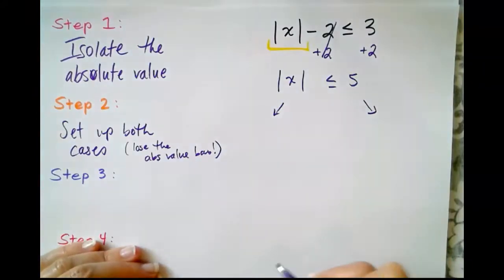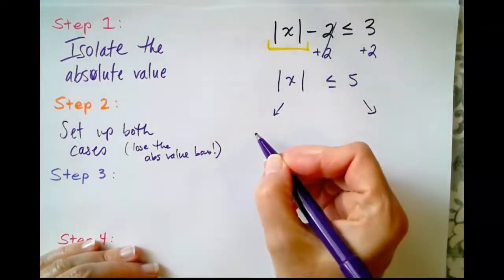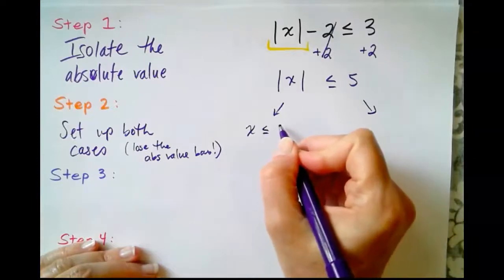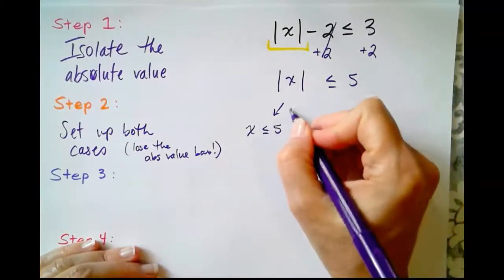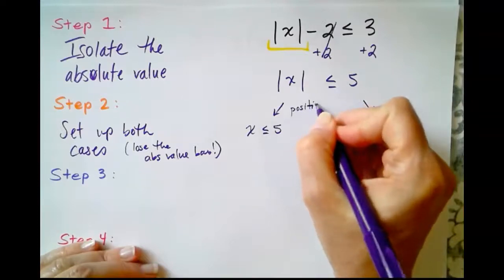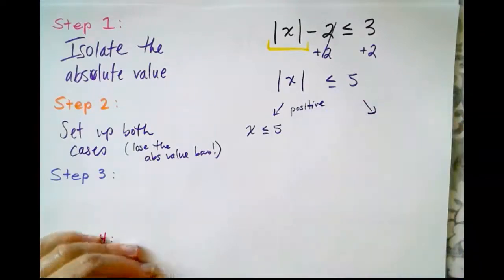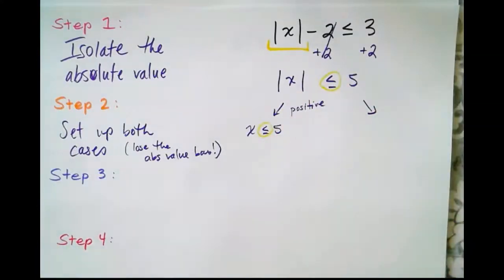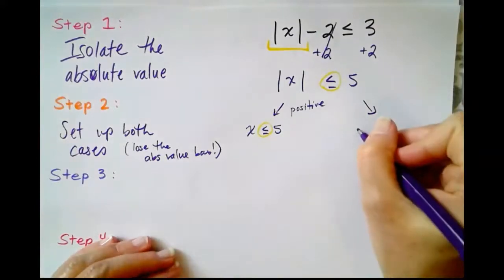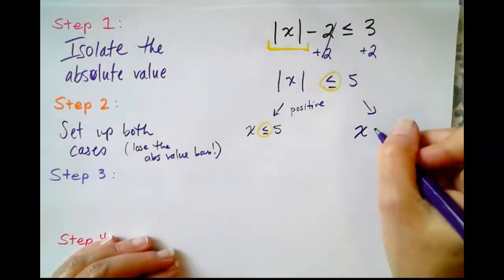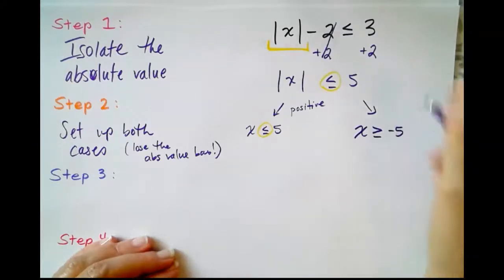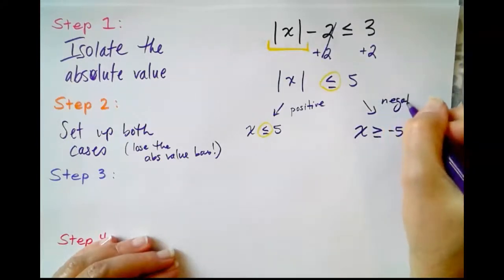So x is less than or equal to positive 5. This is the positive case. Notice that the inequality sign stays exactly the same for the positive case, but the negative case, x will be greater than or equal to negative 5. This is the negative case.